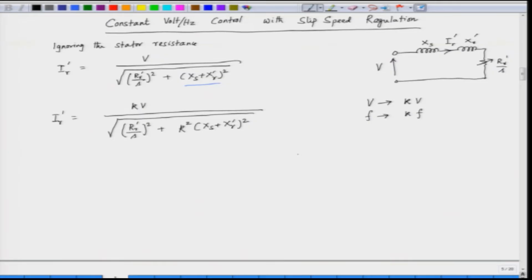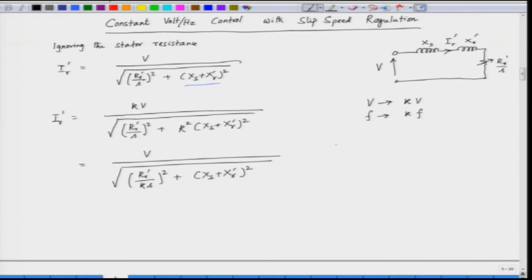Now, what we do here, we divide the numerator and the denominator by k. So, that is equal to V divided by under root of Rr by k s whole square plus XS plus XR prime whole square. Now, usually the slip of the machine is quite small.